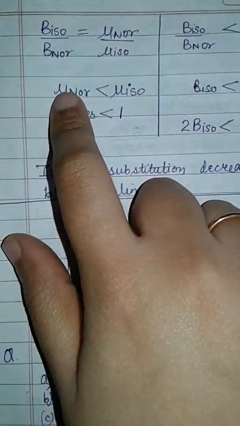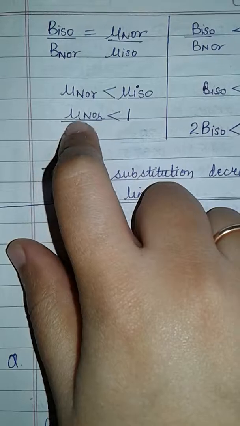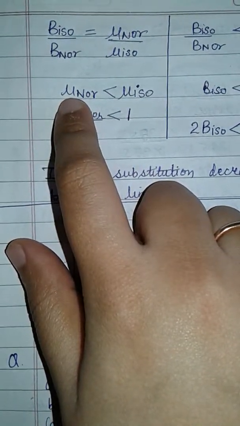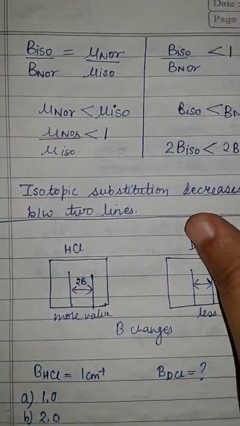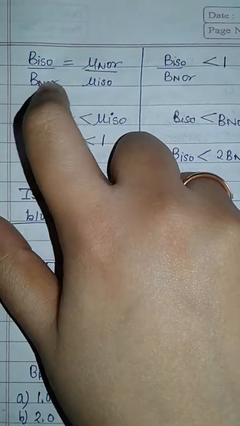We know that the reduced mass of the normal molecule is always less than the reduced mass of the isotopic molecule. So mu normal upon mu isotope is always less than 1.